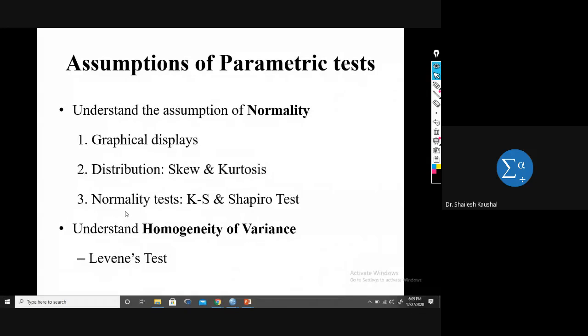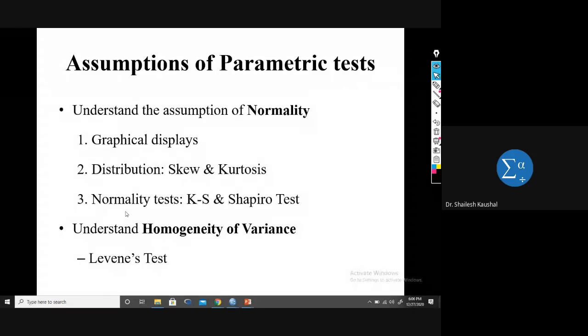If my data value is outside this limit, means 2.8 or 15 point something, or minus 30.8, then data is not normal. So the condition of normality is that the skewness and kurtosis value is between -1 and +1.